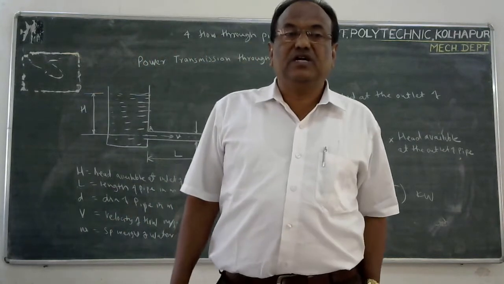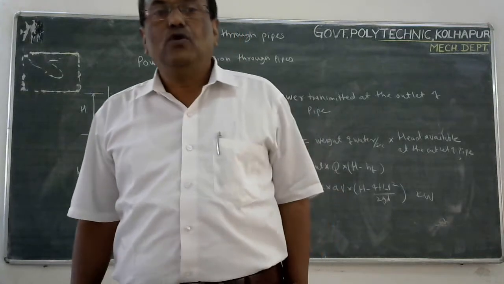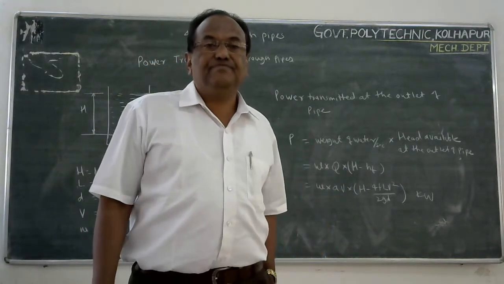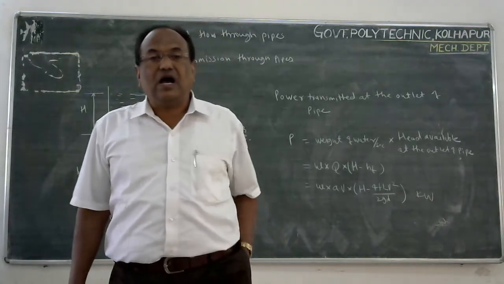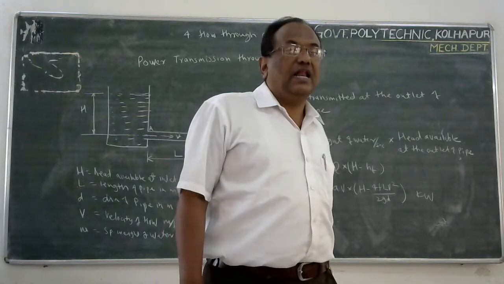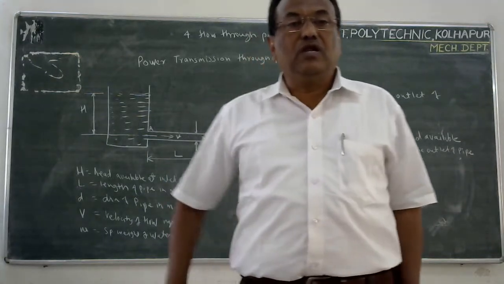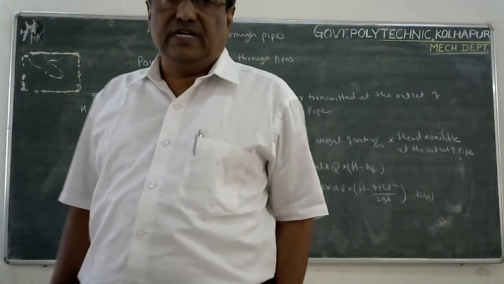When we construct hydroelectric power plants, we construct a dam against a river and store water at high level, isn't it? When we store water at high level, the water will have potential energy with it.